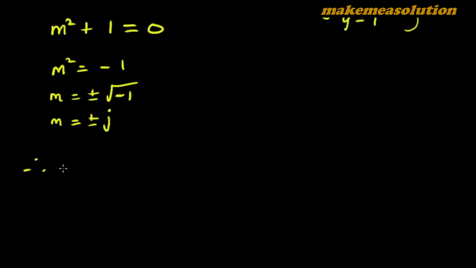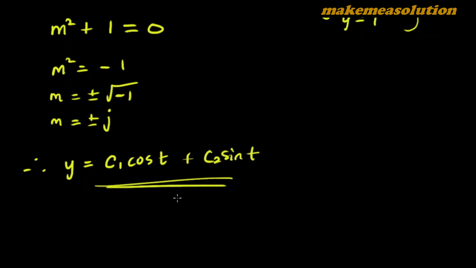So this means that y is going to be, and of course j has a coefficient of 1 which you cannot see, since this is only an imaginary part, we'll have c1 cos t, that's cos 1t, plus c2 sine 1t in this case. So this is the solution for this differential equation. So this is about complex roots having only imaginary parts.